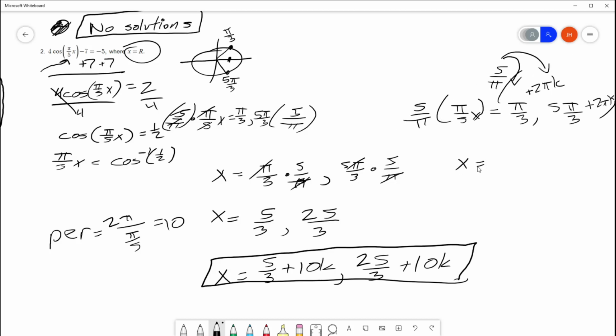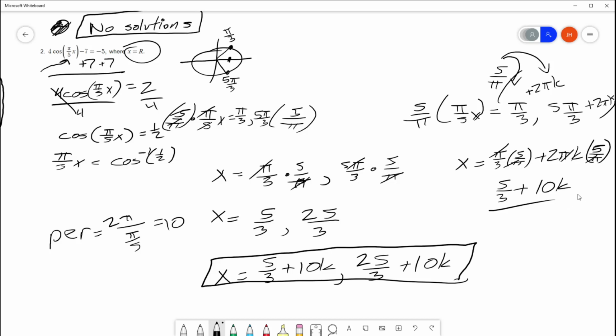So I have x equals pi over 3 times 5 over pi plus 2 pi k times 5 over pi. And so then the pi's cancel here, and I'm left with 5 thirds plus 2k times 5, which is 10k. So you see it's actually the same answer.